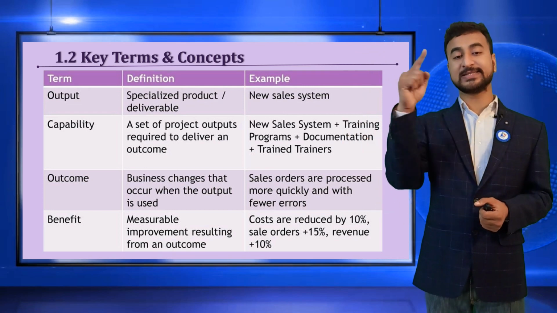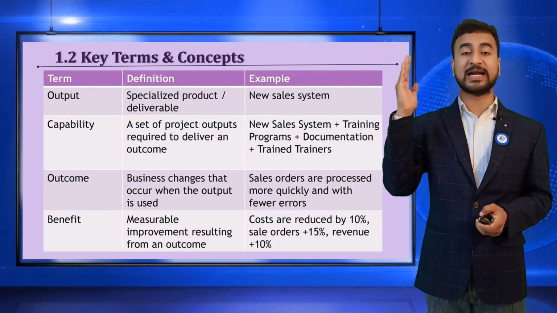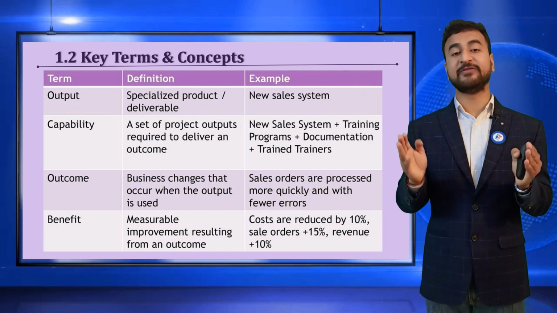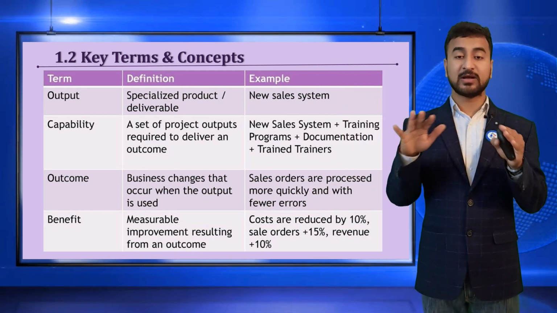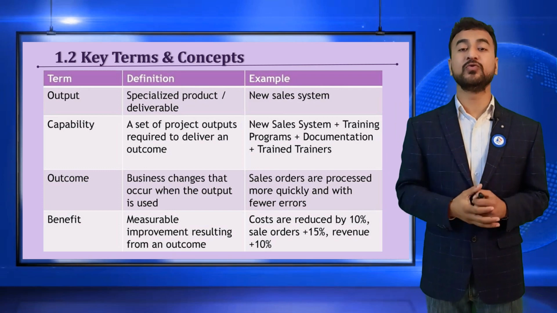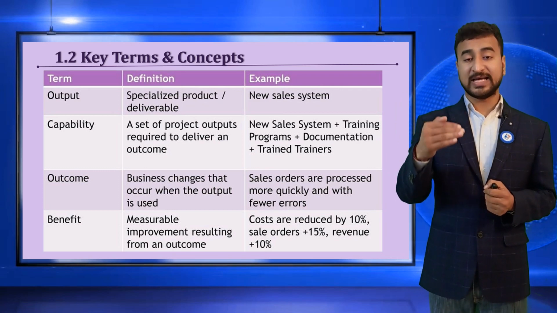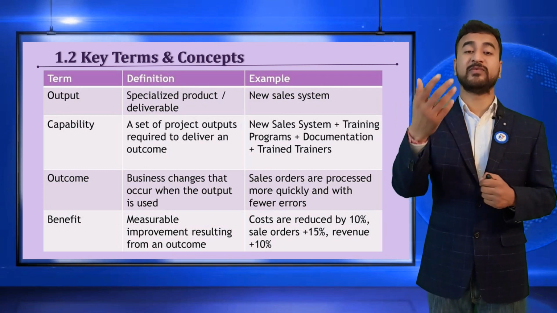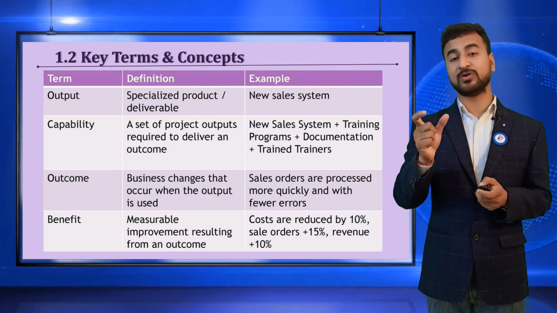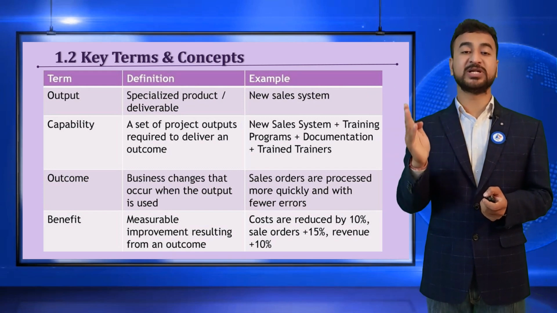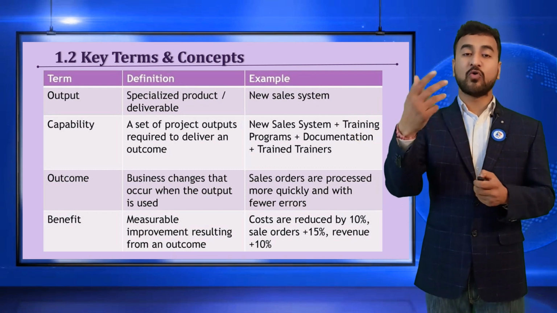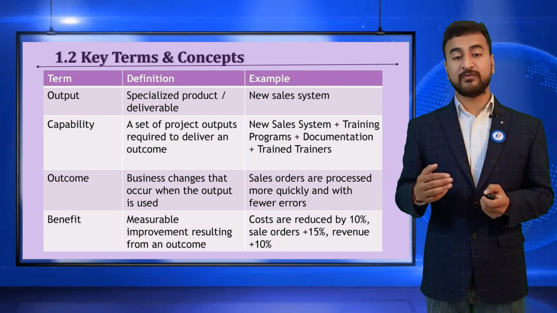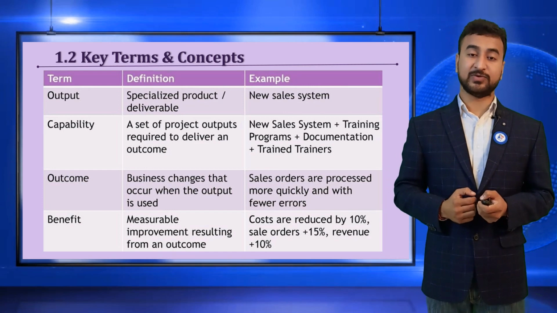So these are key terms that you have to understand and define: output, capability, outcomes, and the benefit. That is common everywhere. So when you are a PMP aspirant, when you pass the examination and when you are discussing the key terminology, you have to differentiate between output, capability, outcome, and the benefits, so that you can coordinate in your team, in your office very quickly and effectively.